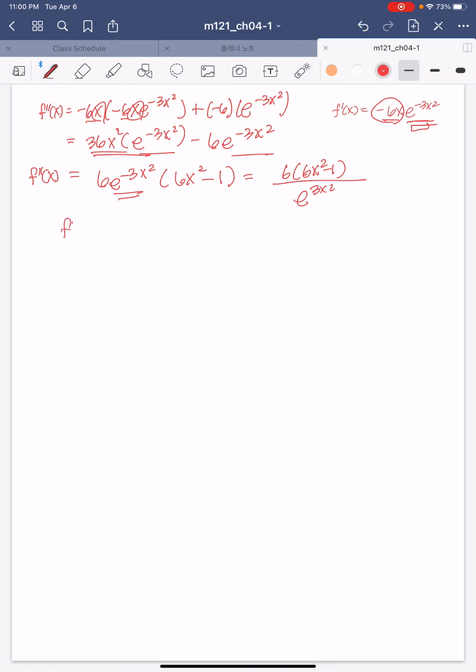There are two possible ways: when the second derivative is 0 or when it does not exist. The only way the fraction is 0 is when the numerator is 0. The denominator part is never 0, so I don't have to consider anything when solving for x in this case.